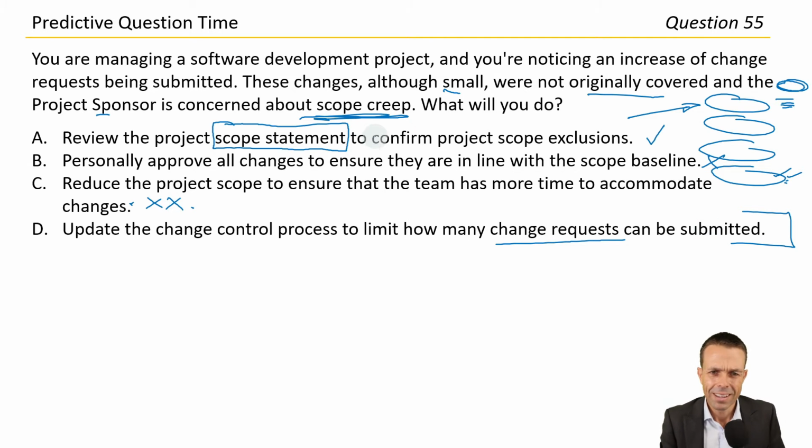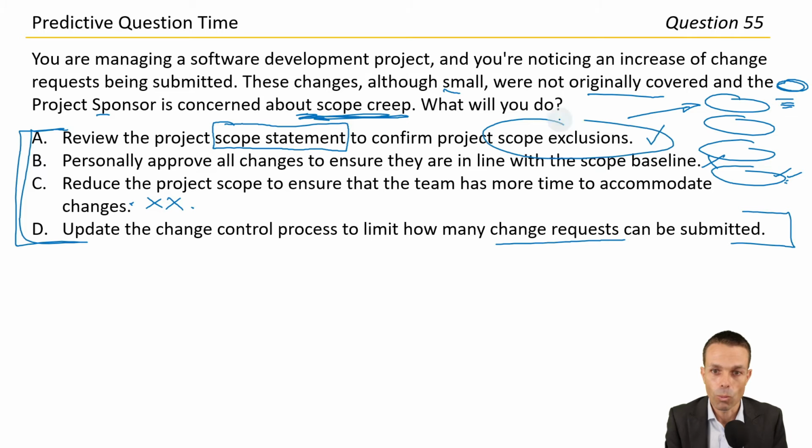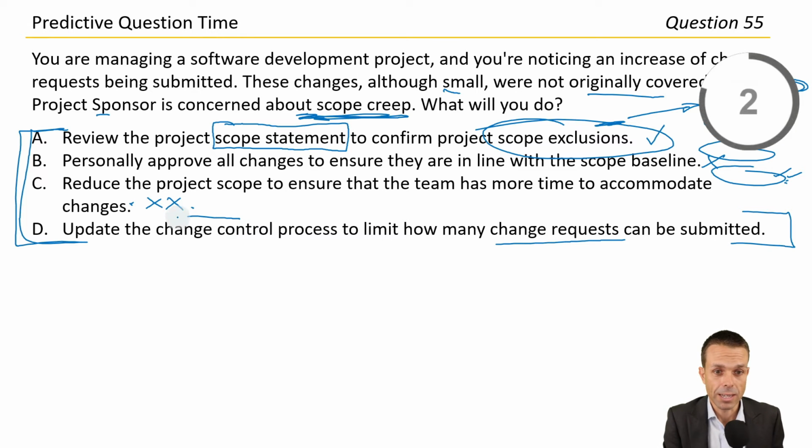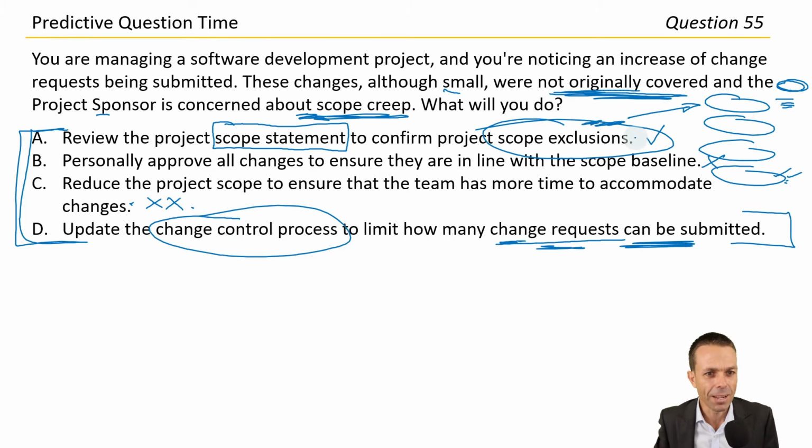So between those two, the best answer to reduce the scope creep, we can figure out what is excluded. So I think let's check that first. Then if we need to, and we have a retrospective or a post-implementation review, and we want to update our process, our project process, then we can update the change control process. Let's go with answer A.